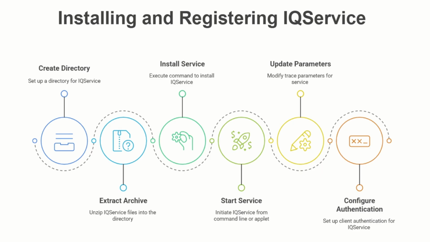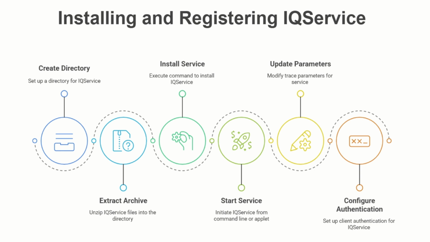Then you need to update trace parameters, meaning for logging, whatever level you want, you can enable the trace. The next step is configuring IQ service client authentication. To configure client authentication, you need a domain user whose credentials can be used for the connection between IIQ and IQ service. This user must be able to self authenticate on the IQ service host machine.